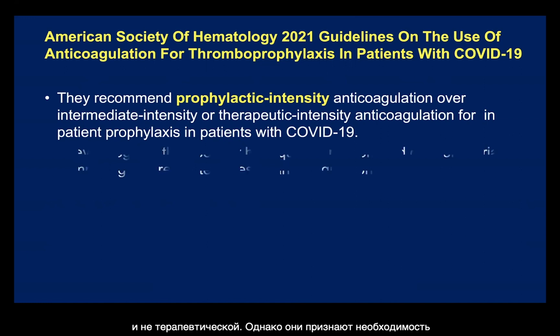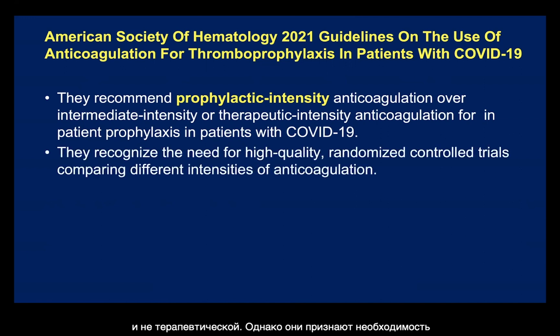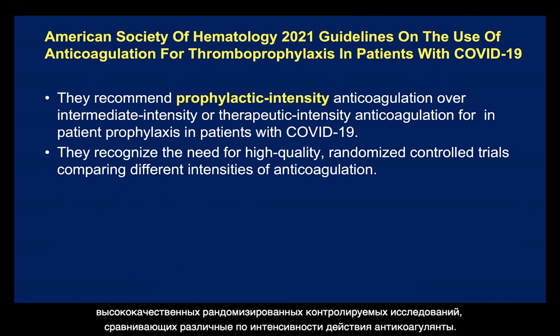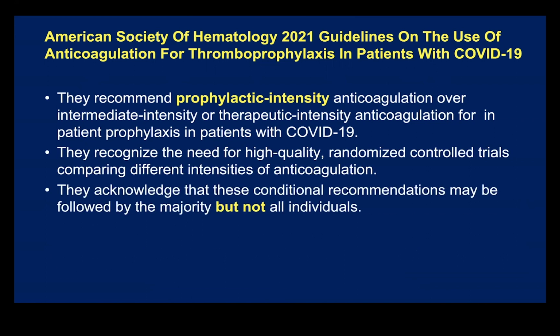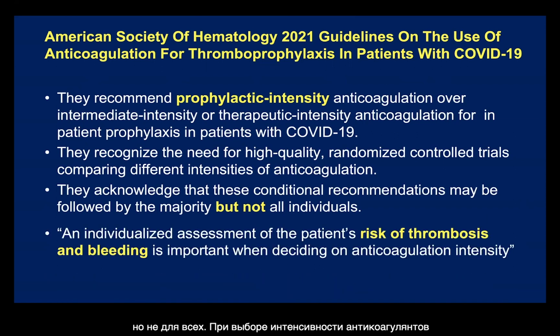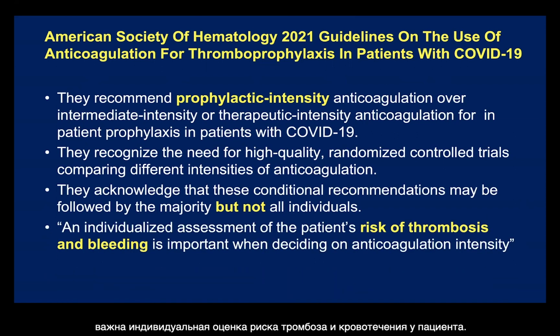They recognized, however, the need for high-quality randomized controlled trials comparing different intensities of anticoagulation. They acknowledged that these conditional recommendations may be followed by the majority, but not all individuals. An individual assessment of the patient's risk of thrombosis and bleeding is important when deciding on anticoagulation intensity.